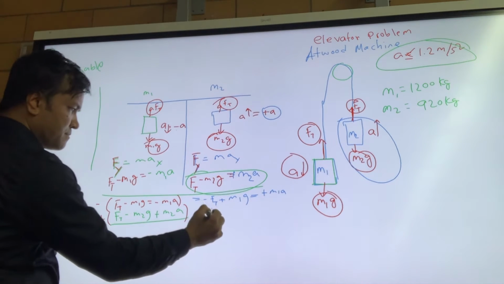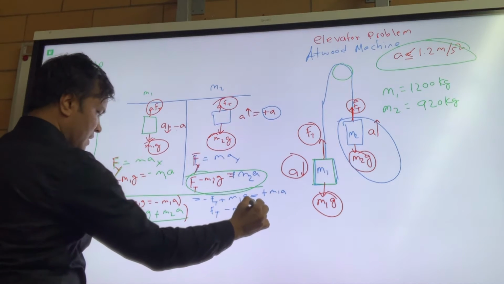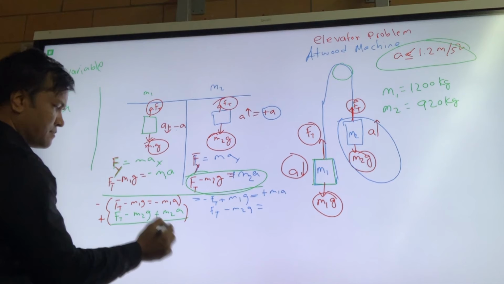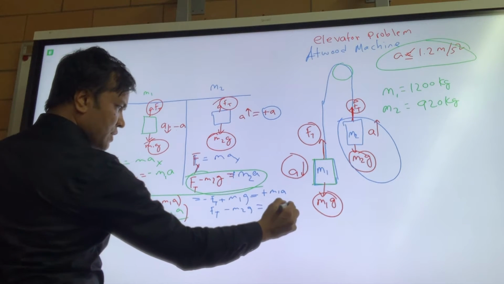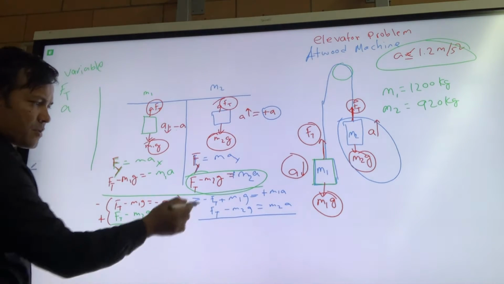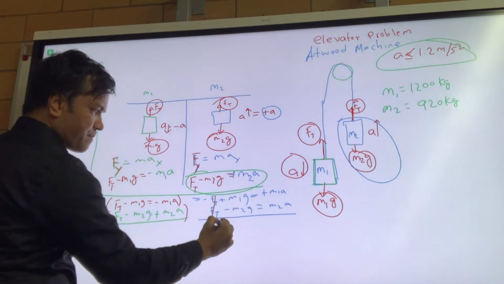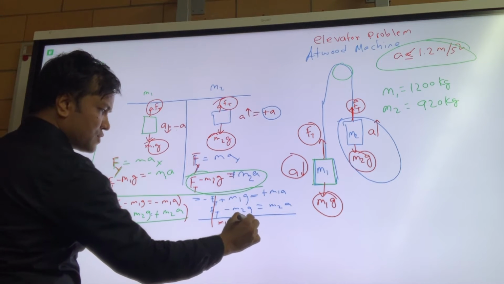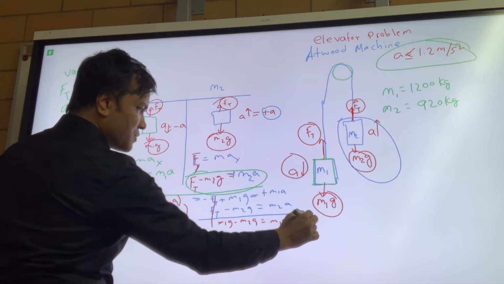So now Ft minus M2g is equal to M2a. All right, now I'm going to cancel these two. Now I have M1g minus M2g is equal to M1a plus M2a.